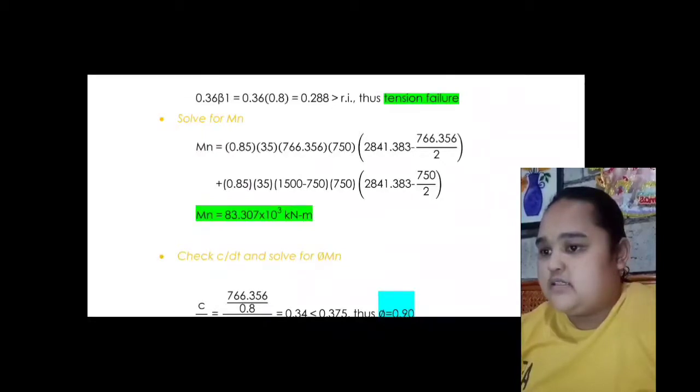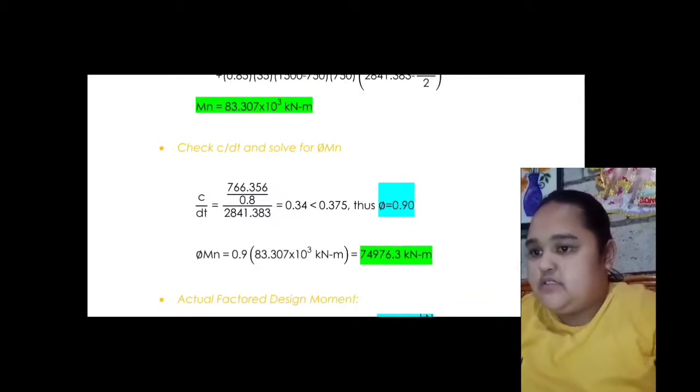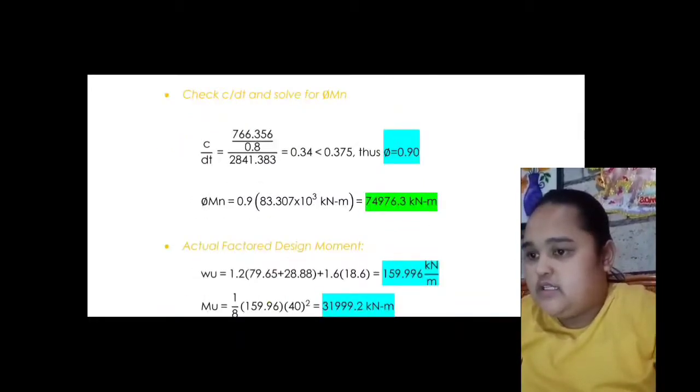And MN is equal to 83.307 times 10 raised to 3 kilonewton meter. Check C over dt and solve for ultimate moment capacity. C over dt is equal to 0.34, which is less than 0.375. So, we can use the value of 0.9.